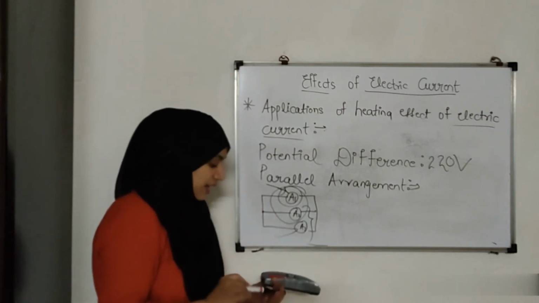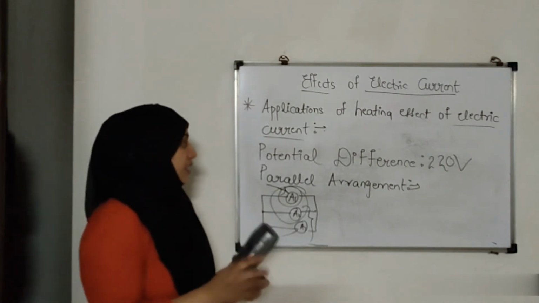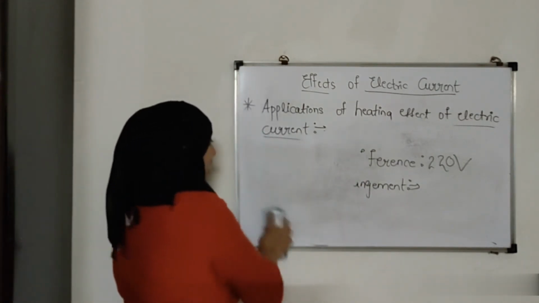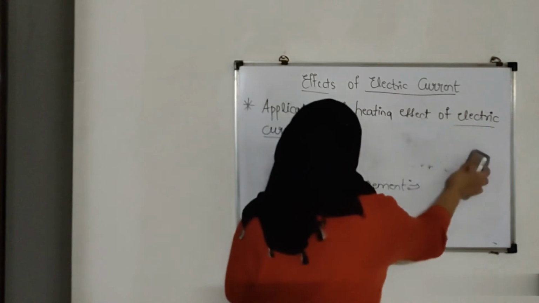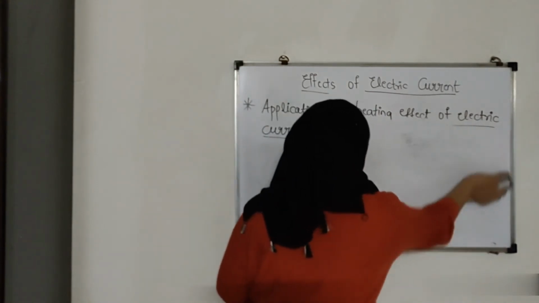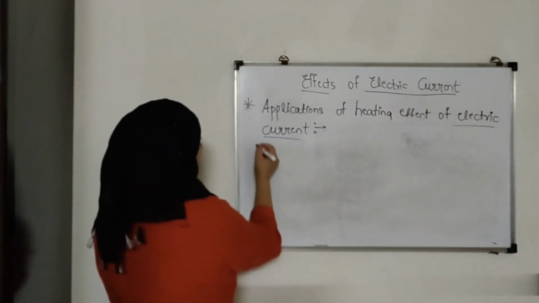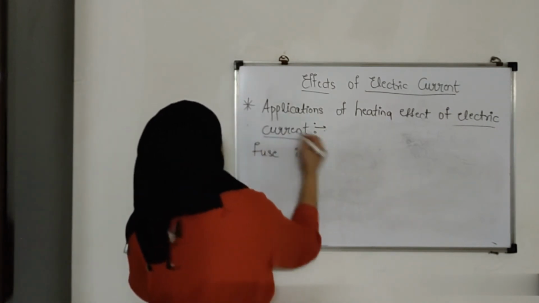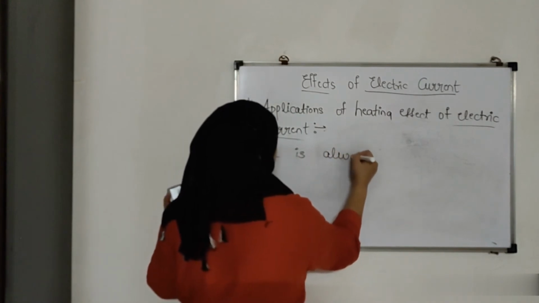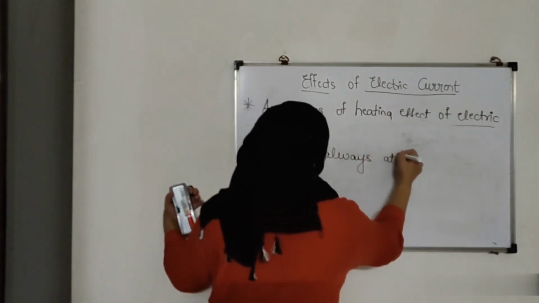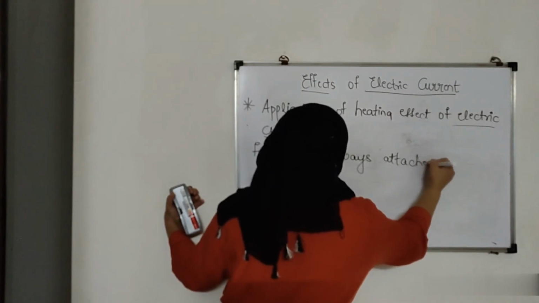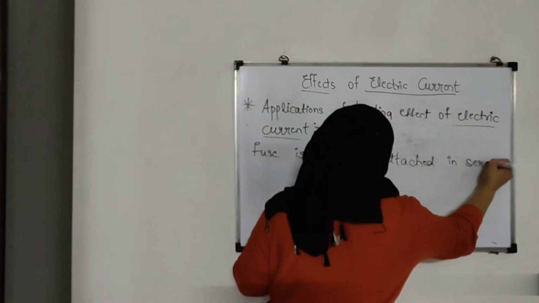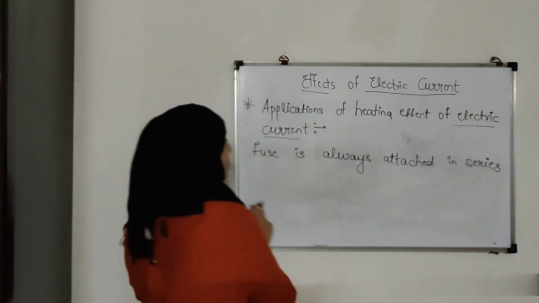Okay, now how you should arrange the fuse. Now what is the fuse and how does it use the effect of electric current? See, fuse is always attached in series with the electric appliances.